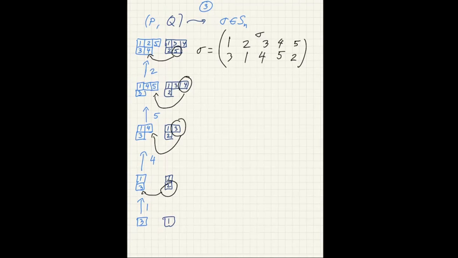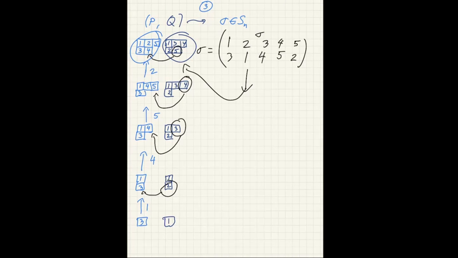And I leave it to you, if you wish, to double check that if you start with sigma and go down this process, these are the tableaus that you get. The P will be the one here, and the Q will be the one here, just to make sure that we didn't make any mistakes.